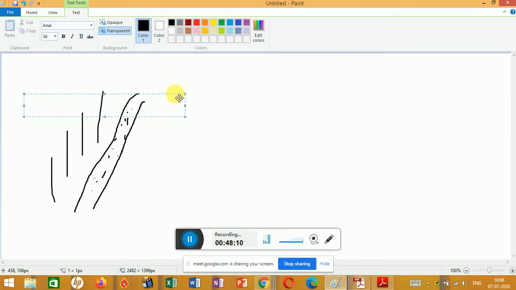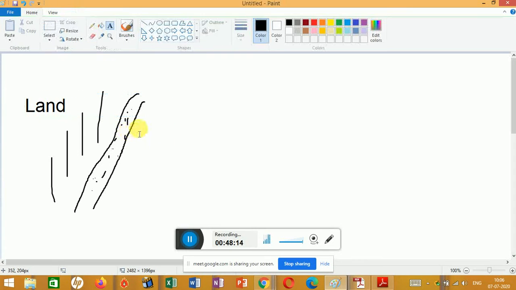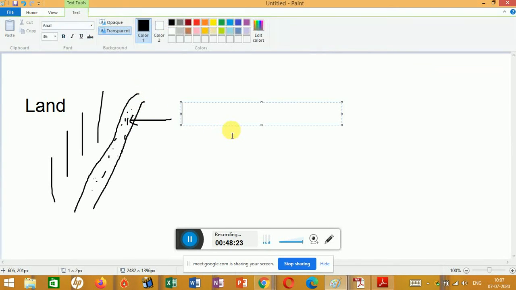So this side is landmass, and if corals are formed just along the coast, this is called fringing reef. If corals are formed just along the sea coast, we call it fringing reef.